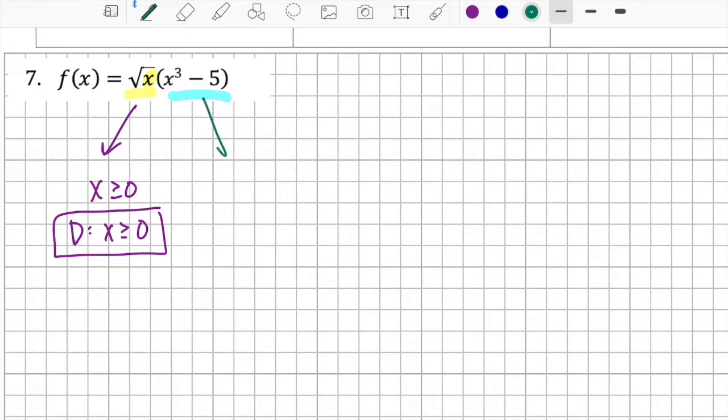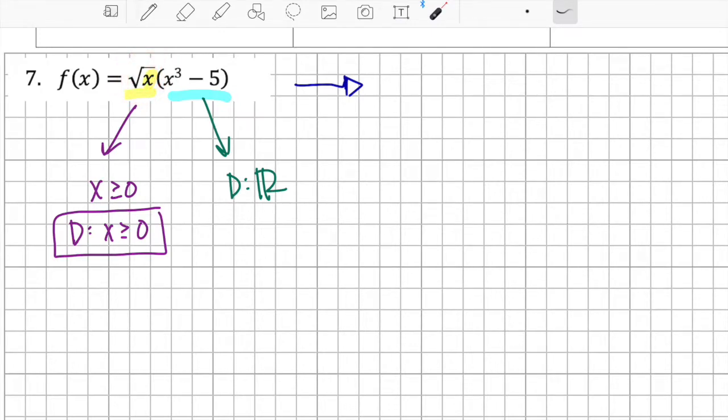Now, for the next one, I noticed that x cubed minus 5 is a polynomial. And for a polynomial, since it is a nice smooth curve, the domain is all real numbers. So what that means is that I can plug in any x value I want and I will get an answer. The problem is that if, let's say, I pick x equals -1, and plug it into x cubed minus 5, I will get an answer.